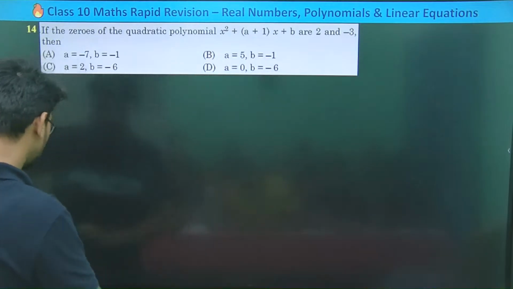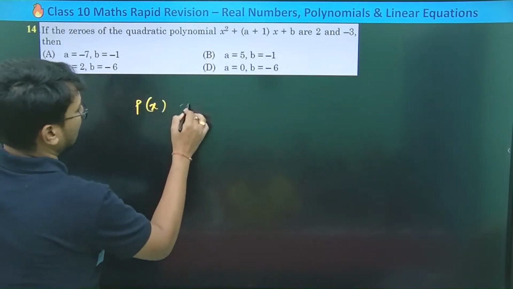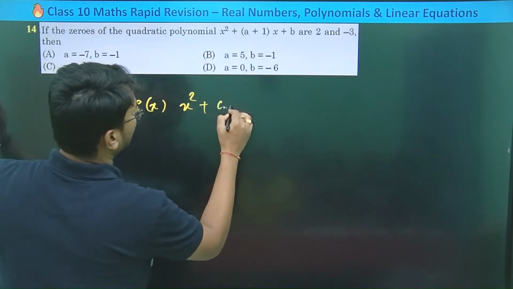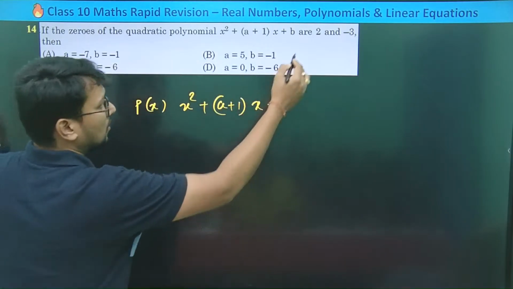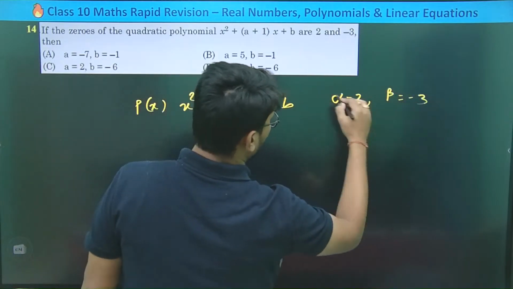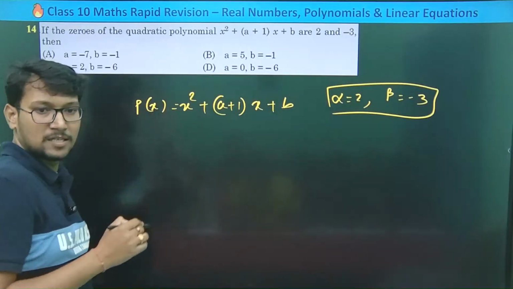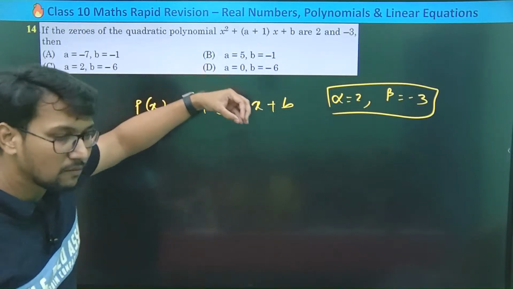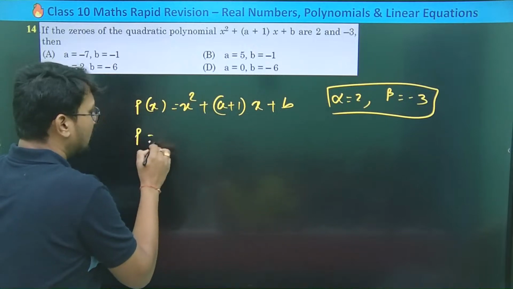So p of x is x square plus a plus 1 into x plus b. Now alpha is 2 and beta is minus 3, those are zeros. So while putting zeros in place of x, the polynomial will become 0.